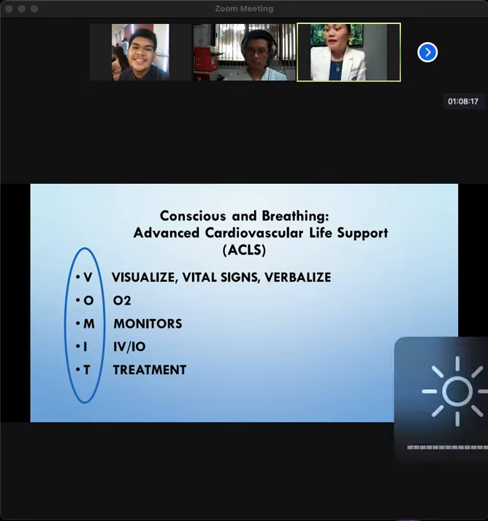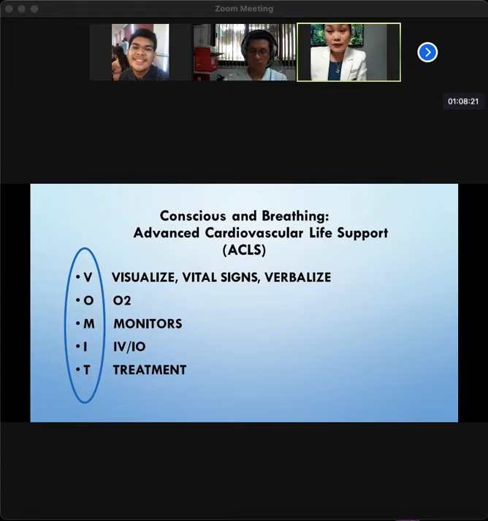That should be assessed, okay? And then verbalize. You ask the patient, are you okay? Are you all right? Mayroon ka bang masakit? Masakit ba ang dibdib mo? May masakit ba sa'yo? Nahihirapan ka bang huminga? If the patient can verbalize all his complaints, then it's easy for you to help him, okay?